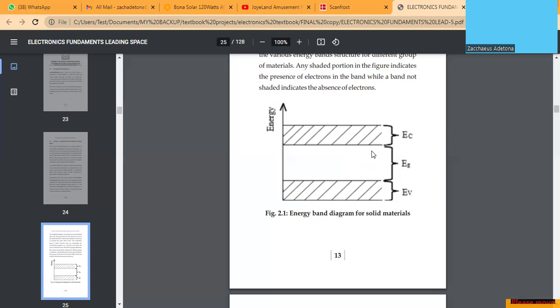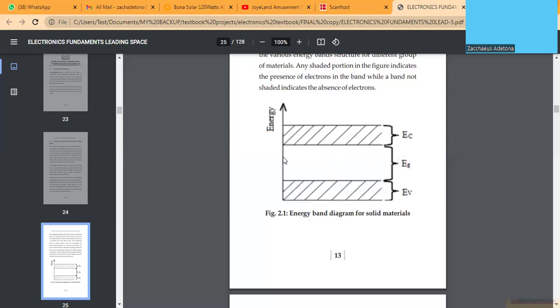Above the energy gap is the conduction band. You can see that the conduction band is higher in energy than the energy gap. It is also hatched, and hatching here means there is the presence of electrons. The middle band, the energy gap, is not hatched.